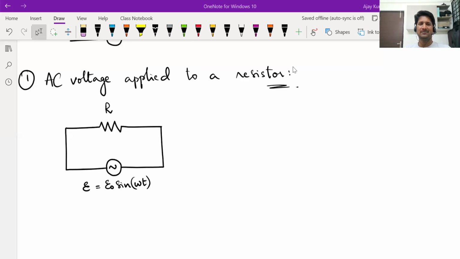Current will flow. Current flows from high potential to low potential.